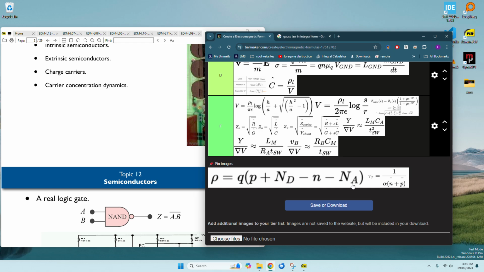The ND and NA are usually completely irrelevant because it's just a normal chunk of silicon that hasn't been doped. I think this is about 10 to the 10, and this is about 10 to the 15. So this is 5 orders of magnitude greater than that.